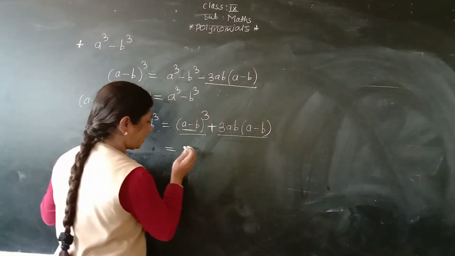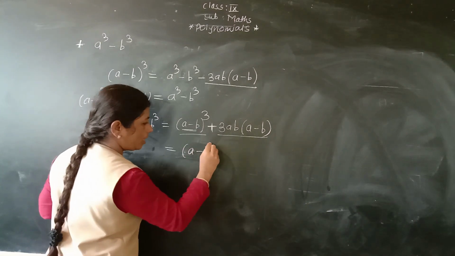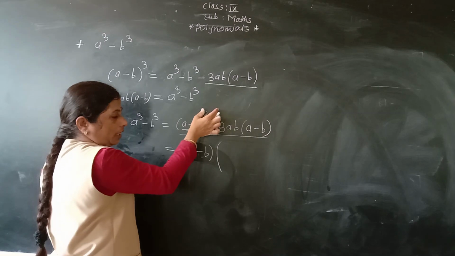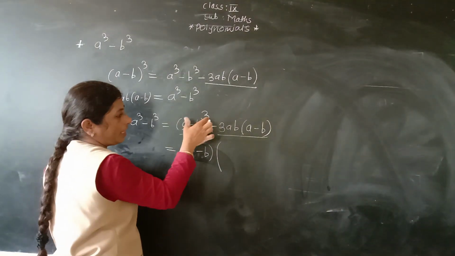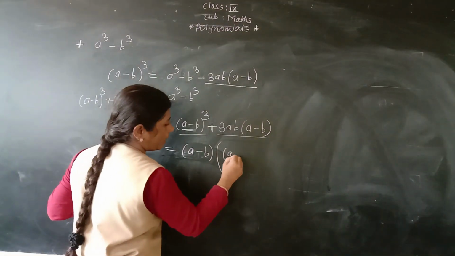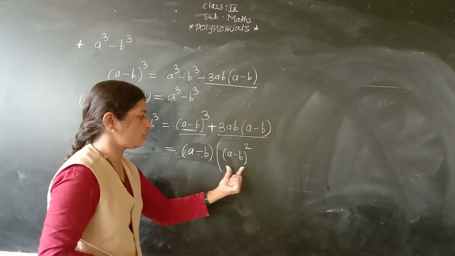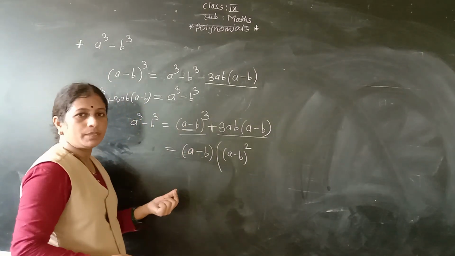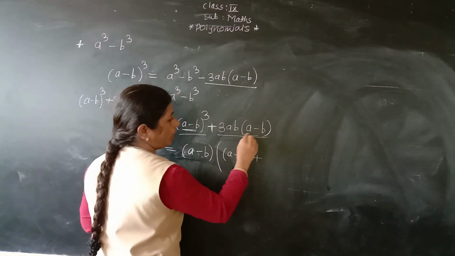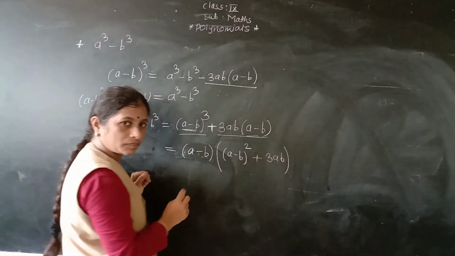So we can take a minus b common. Of course we can take a minus b common. Inside, from the cube, 1 time a minus b comes outside, so a minus b remains 2 times. Multiplying these two, you get a minus b bracket cube. This sign is plus, and what is remaining is 3ab.